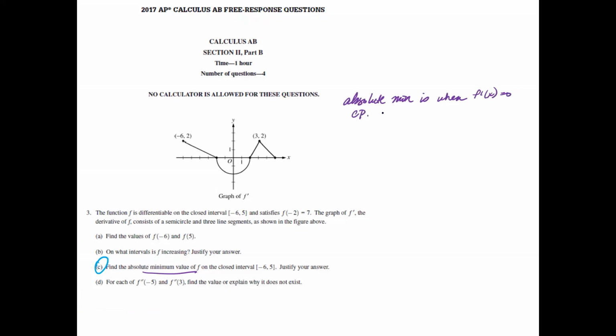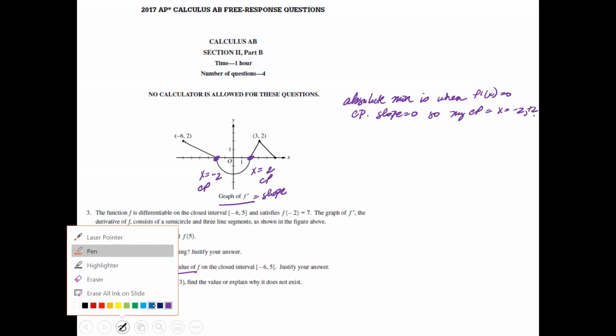The critical point is when f prime of x equals 0, so the slope is at 0. Well, this right here is the slope, so where are your critical points? Well, that's when the slope is 0. So my critical points are x equals -2 and +2, okay?